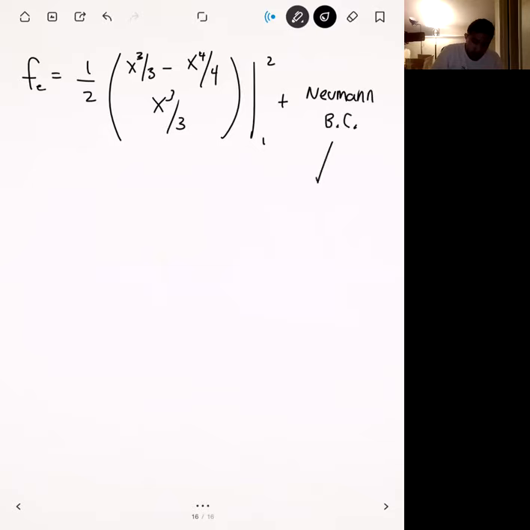The reason we're doing this is because element 2 here borders one of the Neumann boundary conditions.